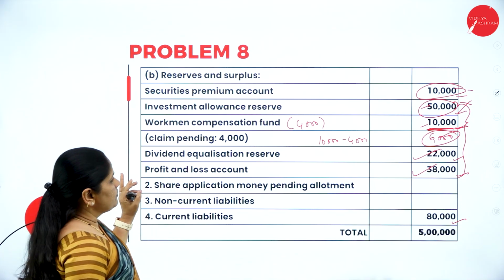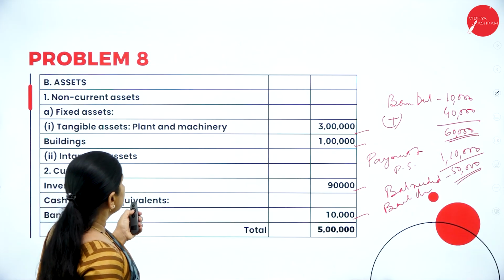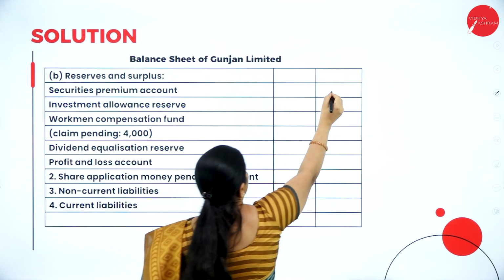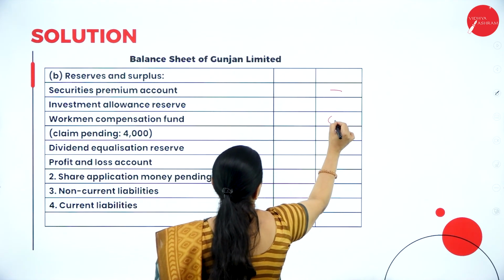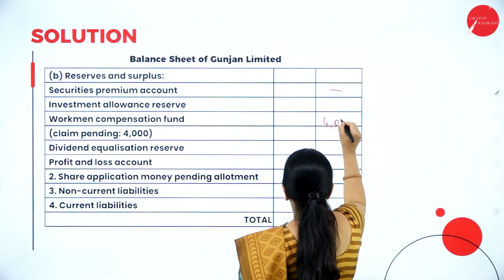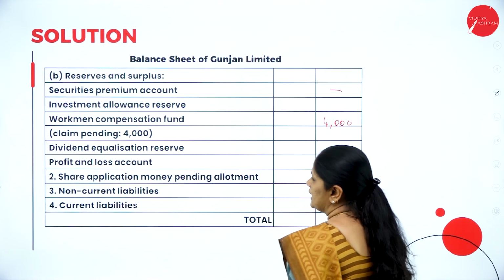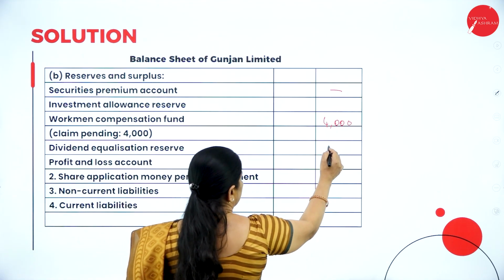So we will be left with the capital redemption reserve account. So I write securities premium account is nil. Investment allowance reserve I will write. Compensation fund claim pending 4,000, that I will write here. Then dividend equalization reserve, it is over.